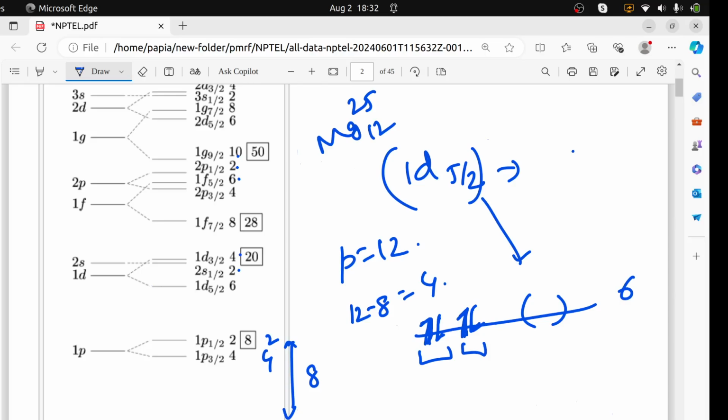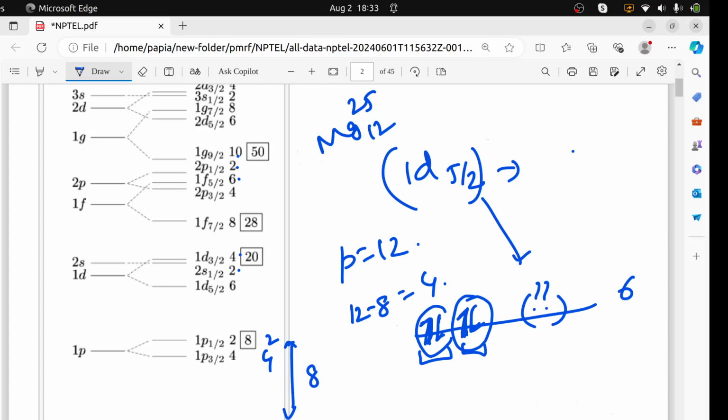So even if the 1d 5/2 state is not fully filled, it is not contributing any spin and parity to our calculation, as it is coming out as a pair combination. So even if there are two vacancies, it will not contribute in our spin parity calculation for the Mg-25 nucleus.